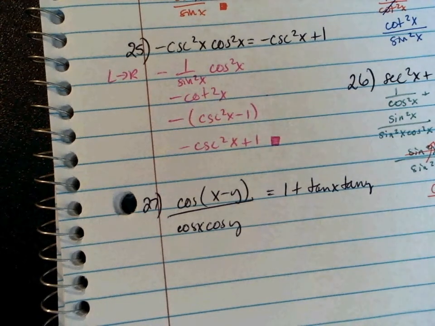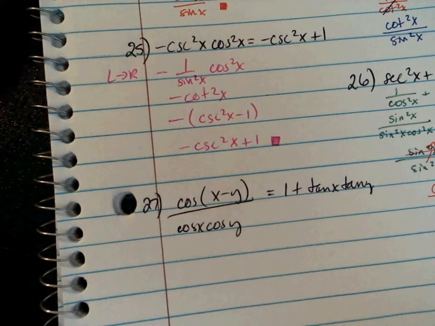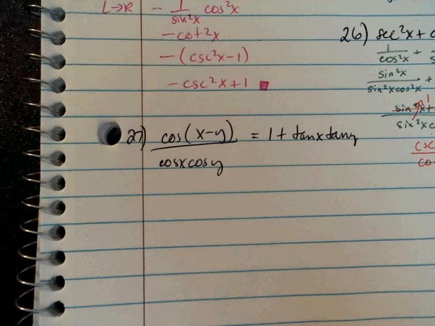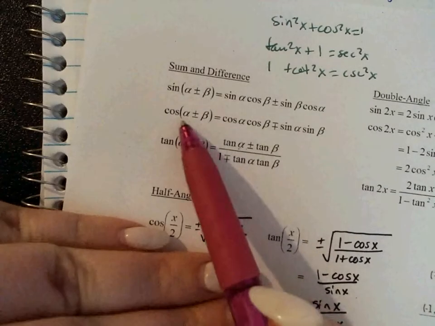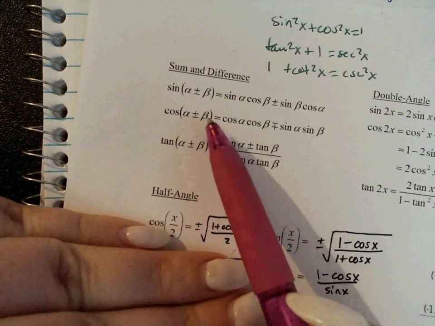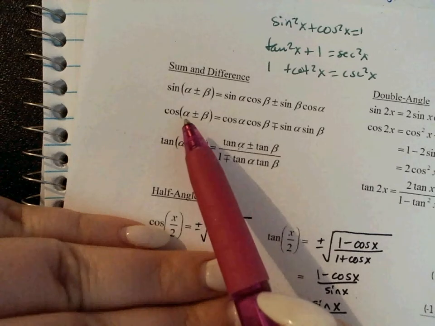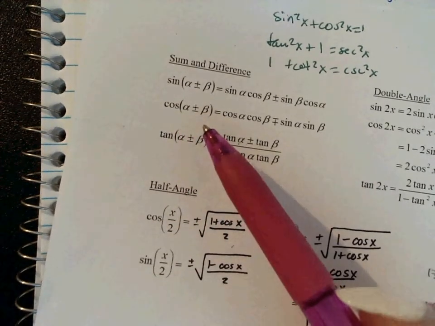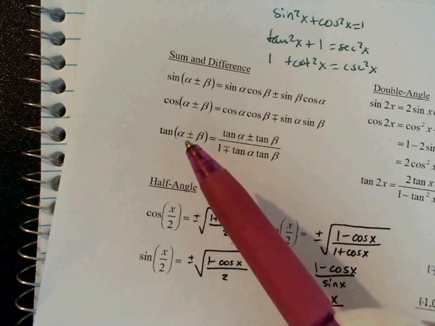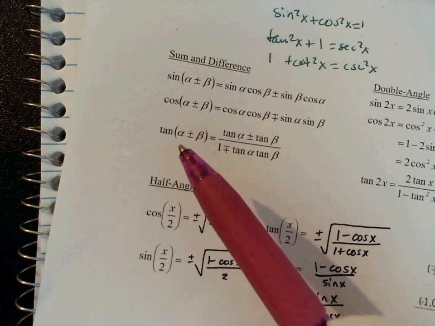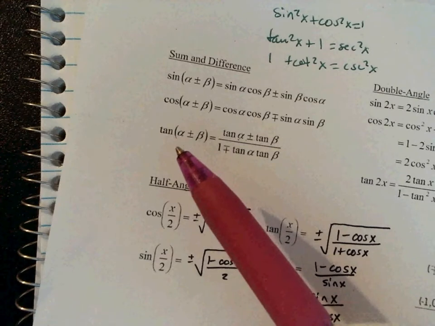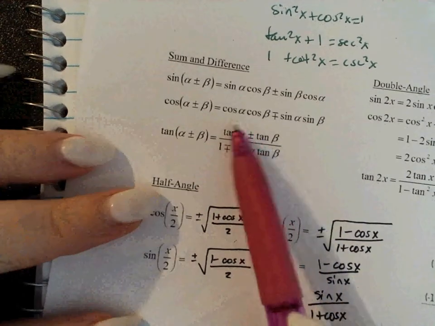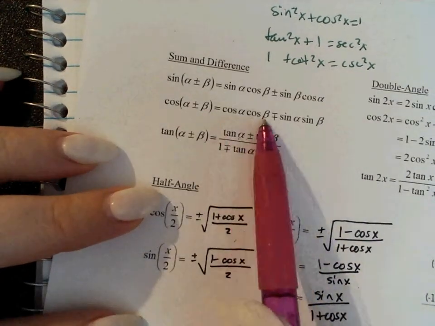Okay, looks kind of weird, but cosine of x minus y, the only thing I know to do with a problem like that is my sum and difference. So alpha is x, beta is y. Cosine of x minus y is to do this. So it'd be cosine x cosine y.